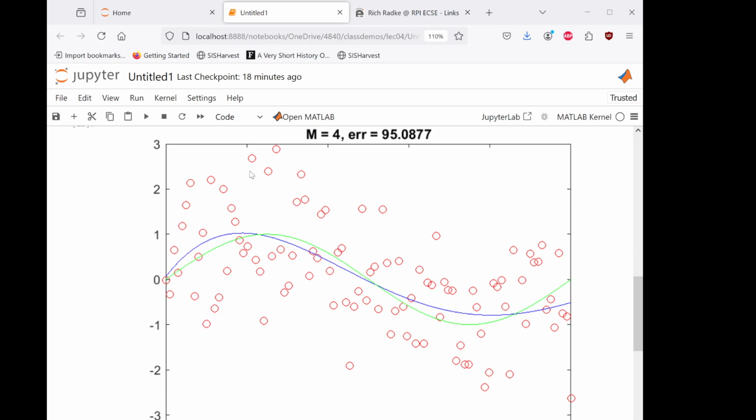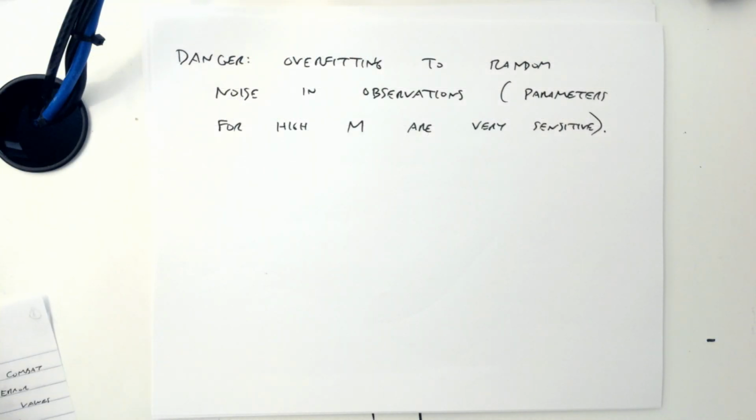So this is also a good point to introduce another way of preventing the curve from wildly oscillating between points and having some sort of crazy parameters at the high end of the x to the m, right? So another thing we can do to prevent that is a key idea called regularization.